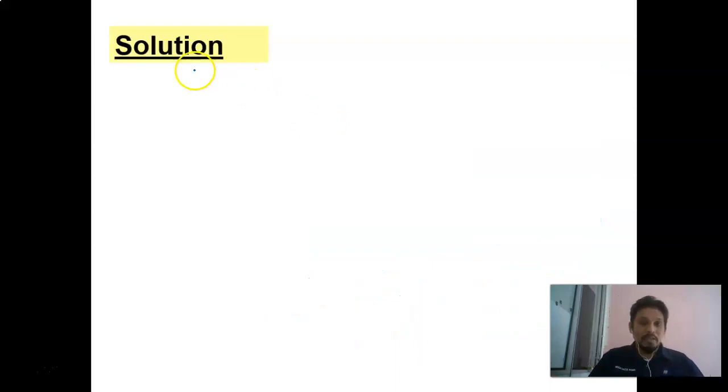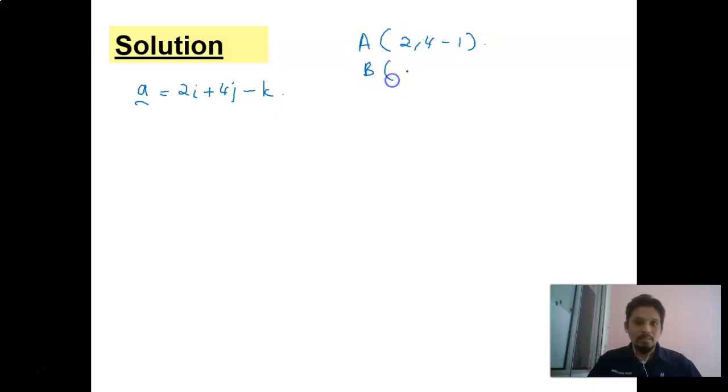Here A equals 2i plus 4j minus k, from the coordinates given, where A is (2, 4, -1) and B is (5, 0, 7).